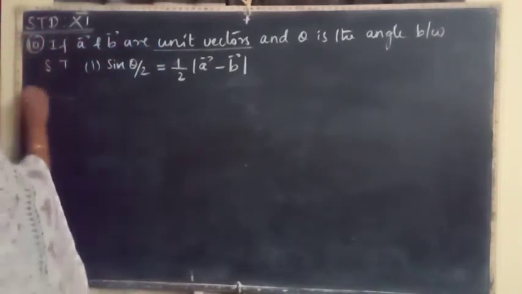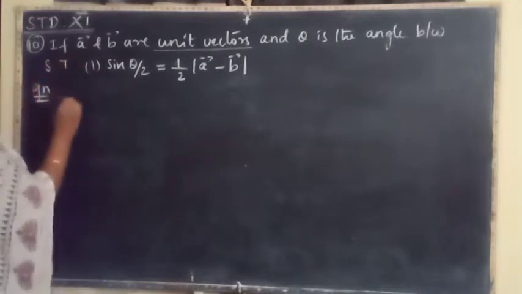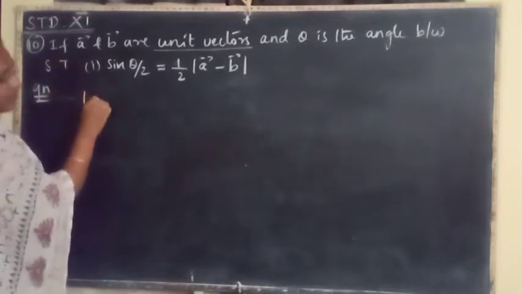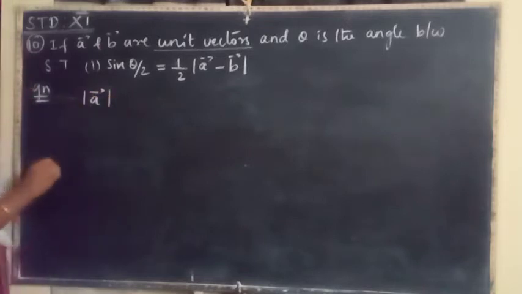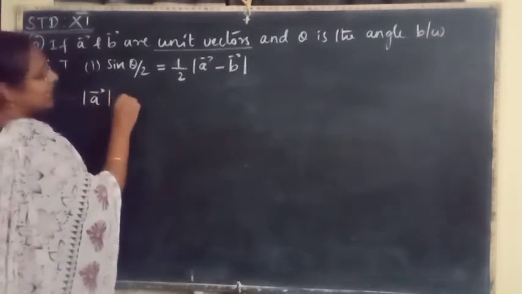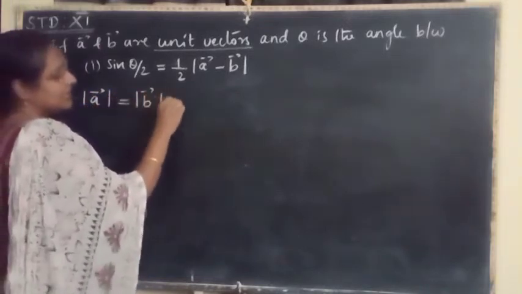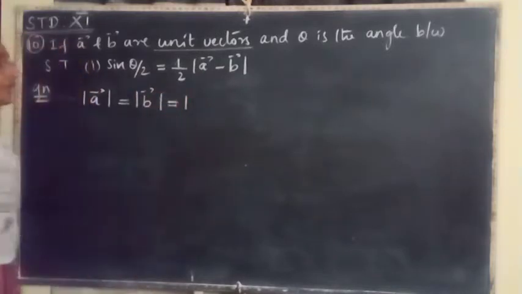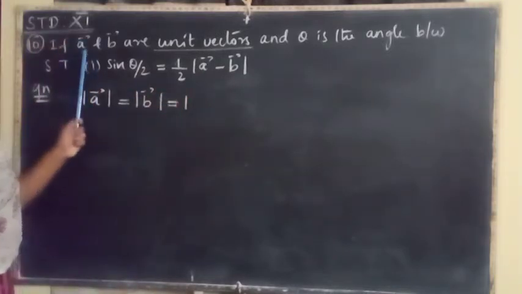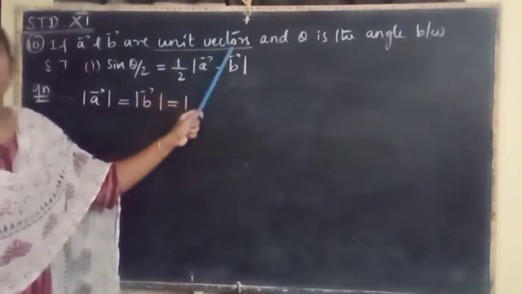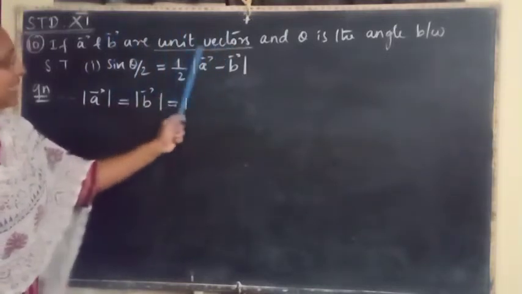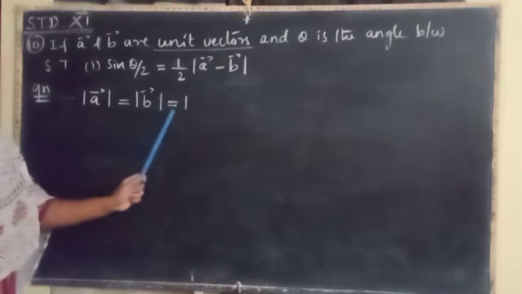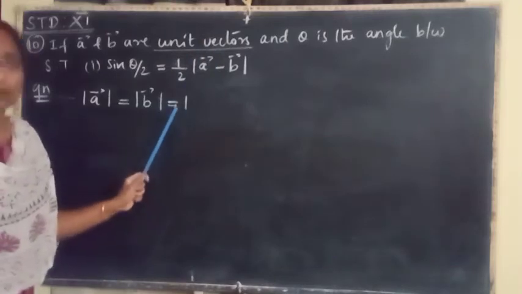So modulus of A vector and modulus of B vector is equal to 1. This is the meaning of A vector and B vector being unit vectors.